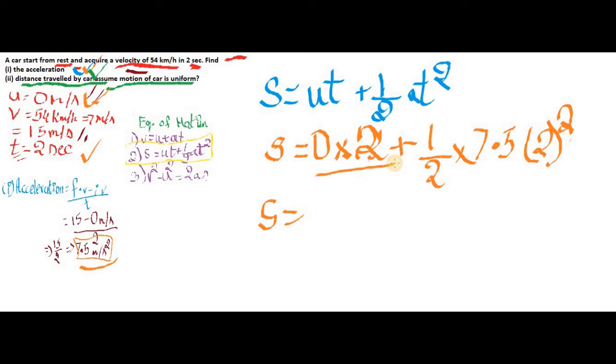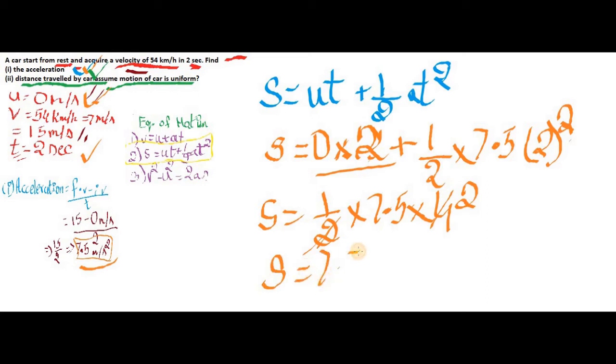So 2 into 0 is 0. So just remove that part. Then half into 7.5 into what is 2 square? 4. So 2 ones are, and just cancelling these, 2 twos are. So what is 7.5 into 2?